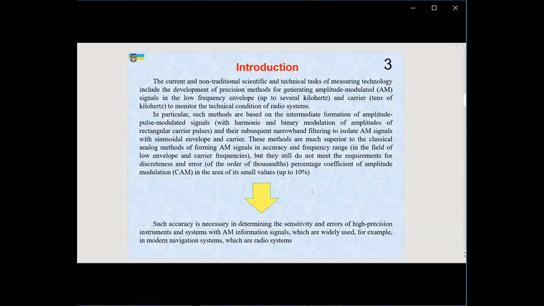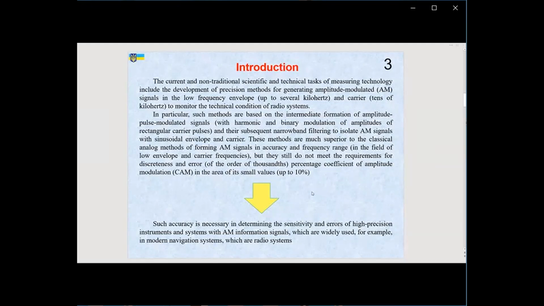These methods are much superior to the classic analog method of forming an AM signal in accuracy and frequency range, but they still do not meet the requirements for the discrepancies and errors of the coefficient of amplitude modulation in the area of its small values.